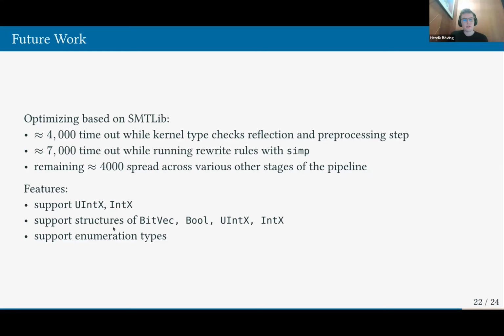Then we want to support structures of all of our supported types automatically. And lastly, also enumeration types. So when you have like inductive A or B or C or D, that's an enumeration like in C or Java that you can, of course, also do this kind of, this is a finite type, let's do case distinction analysis on.